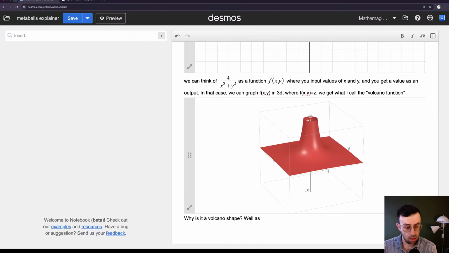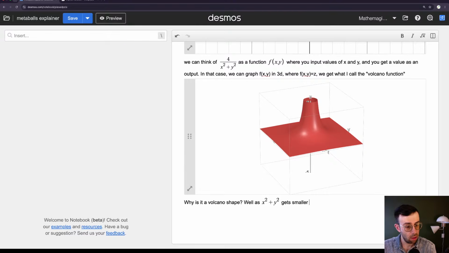Well, as x squared plus y squared gets smaller, 4 over x squared plus y squared gets larger. As you approach 0, 0, f of x, y approaches infinity. So it's going to get infinitely tall at approach.